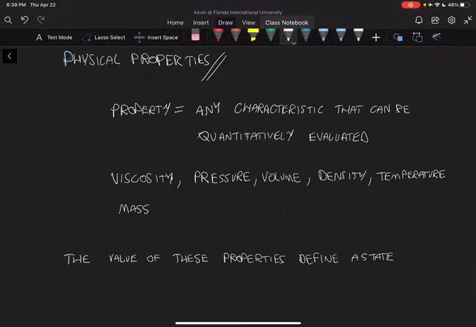So the value of a property defines a state of a system. And what do we mean by state? We just mean that the state is a condition of the system that is characterized by the value of its properties.